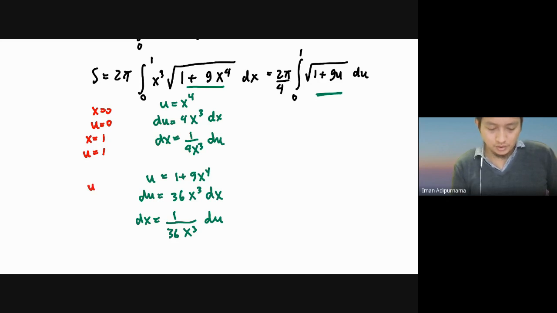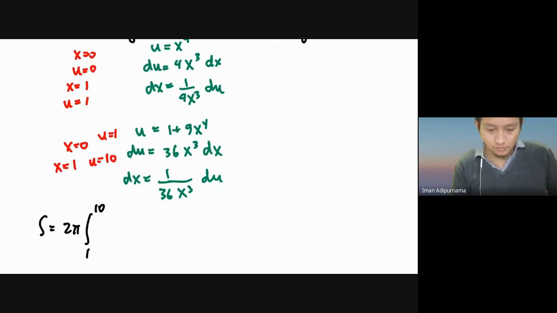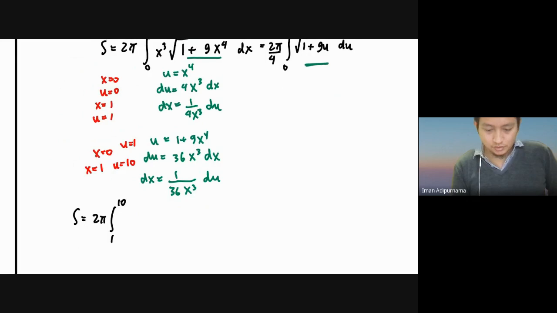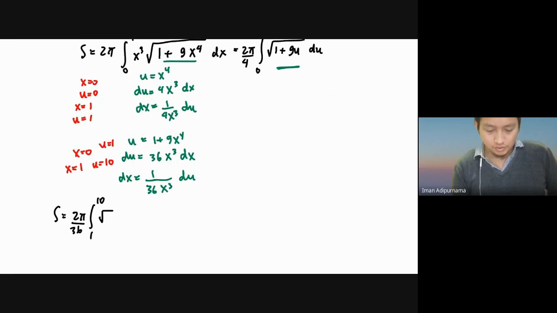So this will be resulting in an integral from 1 to 10, with x cubed divided by 36, and this will be square root of u du.